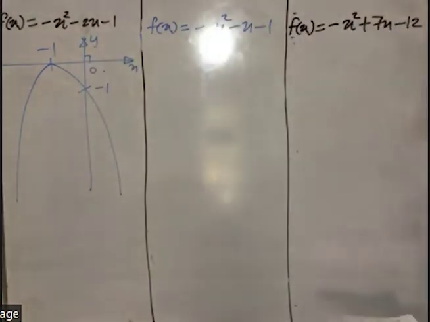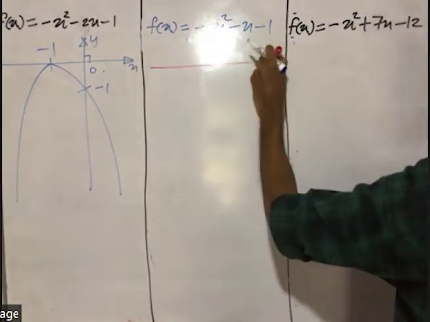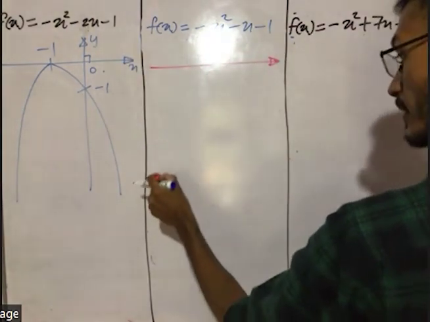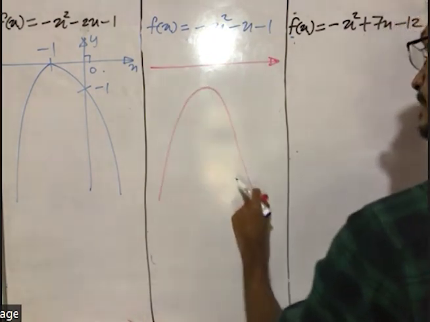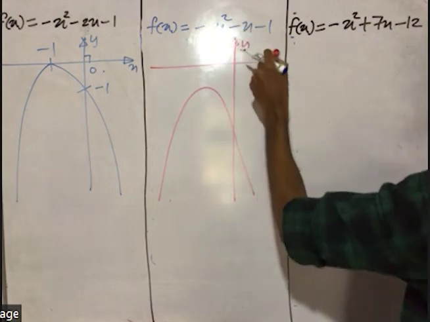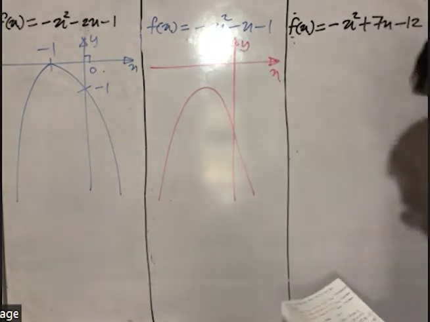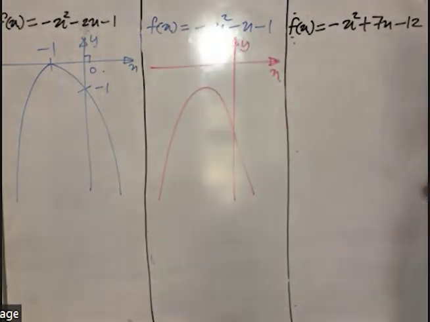So next one. Now look at this. Next function, if you draw the graph, this is how the graph appears. This is the y-axis. Here we have the x-axis. Now here also we can find the y-intercept value.